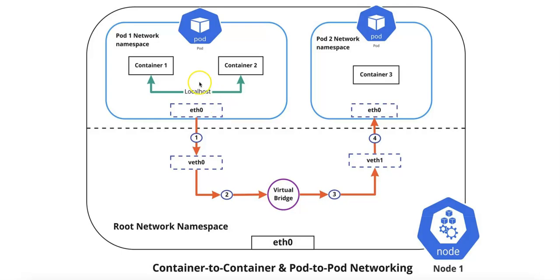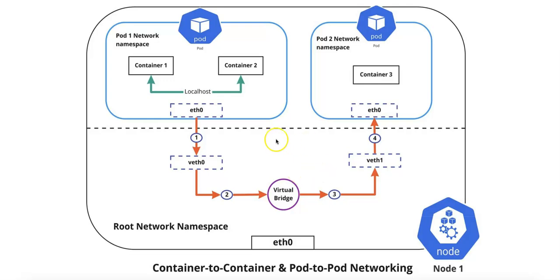In terms of intra-node communication, for pod-to-pod communication within the same node, as depicted in this diagram, the node's eth0 interface does not directly get involved. Instead, the traffic is routed internally within the node through the virtual bridge, and it bypasses the physical interface altogether. This internal routing mechanism is efficient and prevents unnecessary traffic from leaving the node.